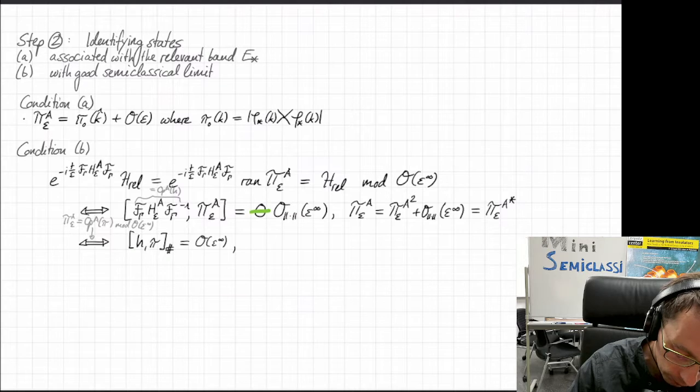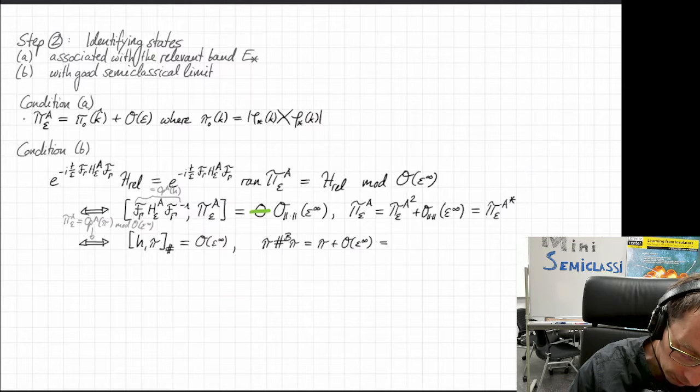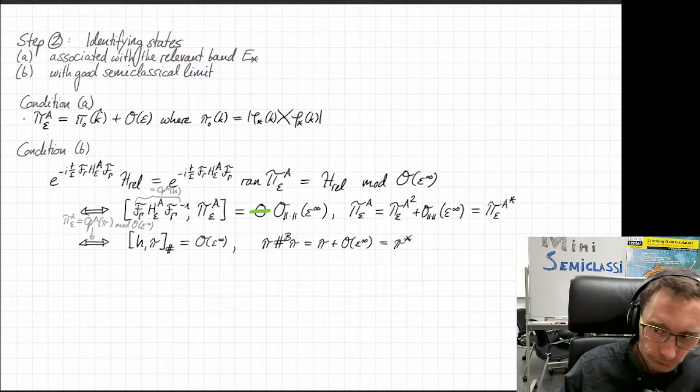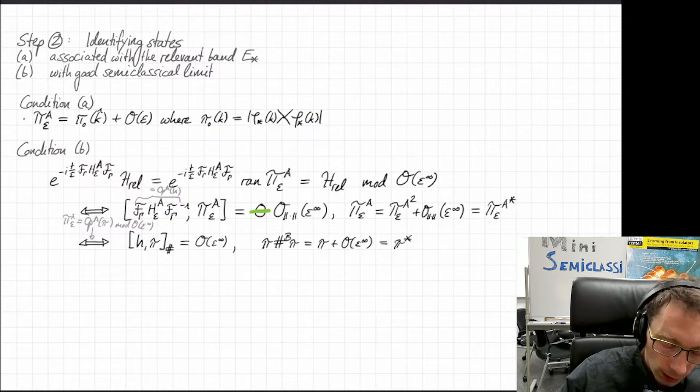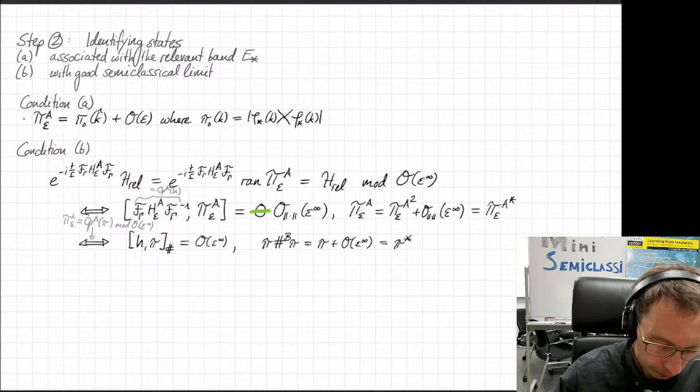And here, the small pi should be a Weyl projector. So if we replace the operator product with the Weyl product, it should satisfy the defining relations for a projection. And indeed, this is how you can actually construct this operator.